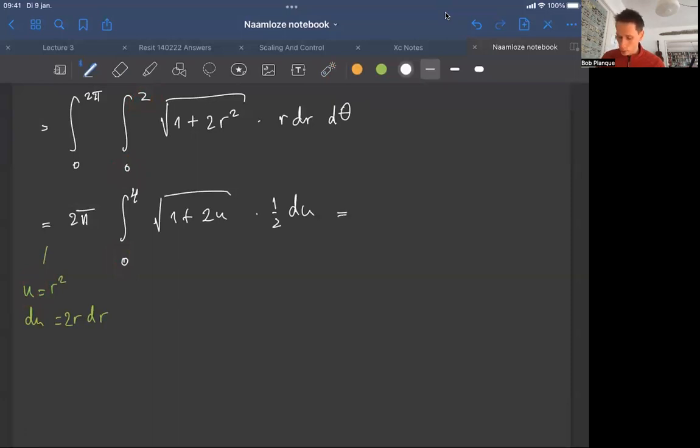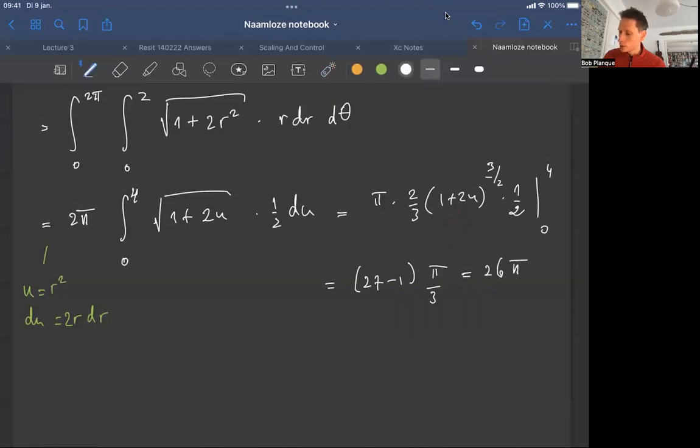So this is 2 pi, the 2 pi cancels with 1/2, so that's just pi, times 2/3, 1 plus 2u to the power 3 over 2, times 1/2 to counter the chain rule. That's this factor 2, between 0 and 4. And so if you work that out, that's 27 minus 1, times pi over 3, which is 26 pi over 3.